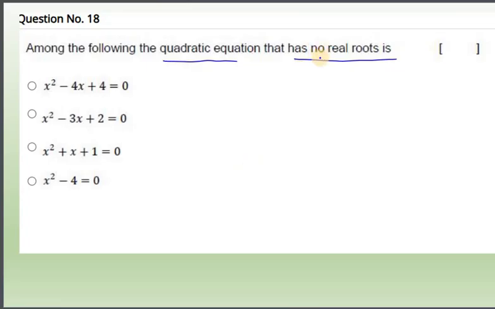No real roots means what? For any quadratic equation, we have to find the discriminant, from the equation. What is the discriminant? Discriminant means small d. What is the formula? D is equal to b square minus 4ac. This you have to find.